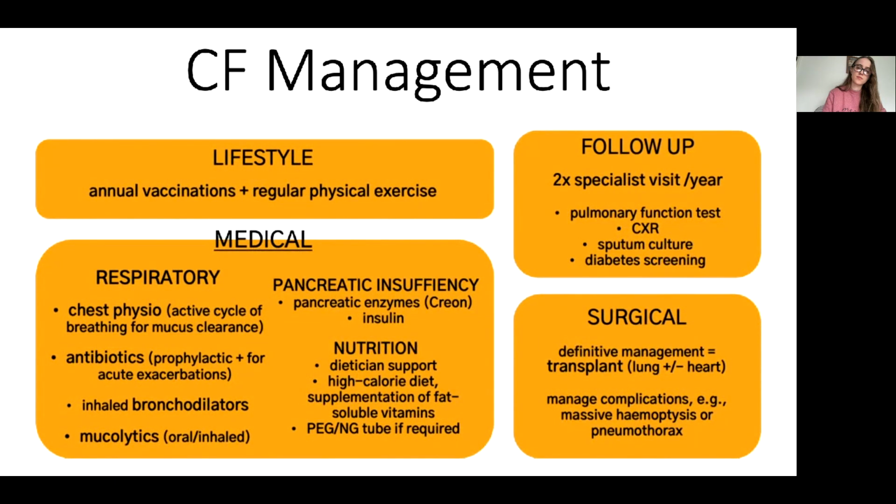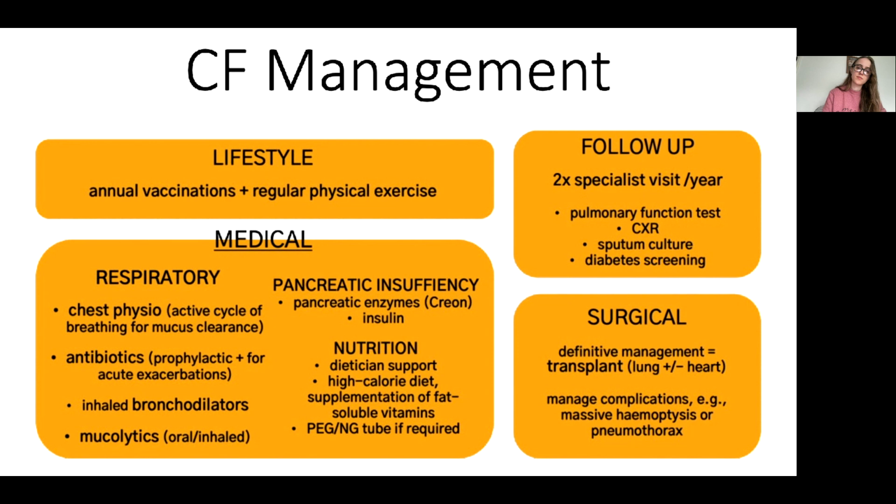So unfortunately, the only definitive management for the lung problems is a lung and heart transplant. So mainly we're just trying to minimise the symptoms, minimise the impact on life. They need annual vaccinations and regular physical exercise to keep them at their peak health, so to speak.